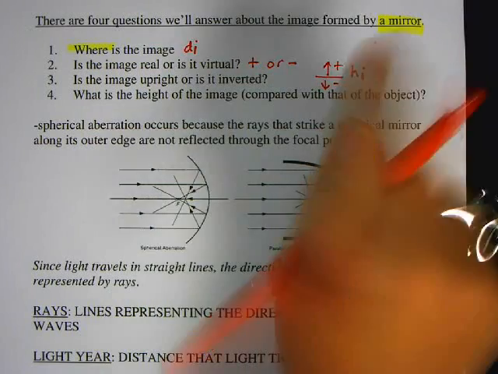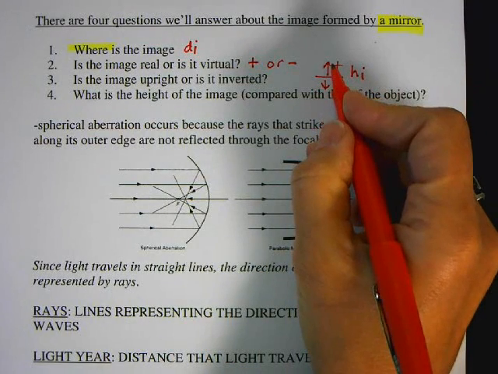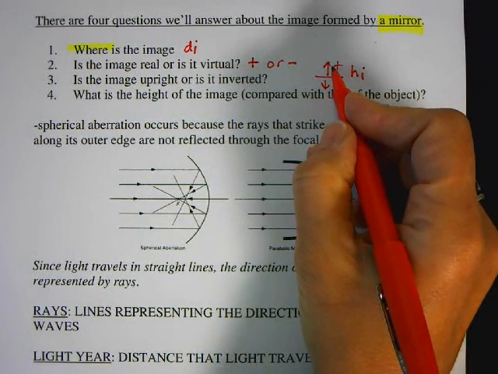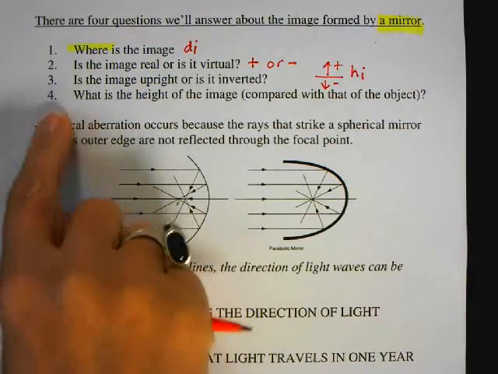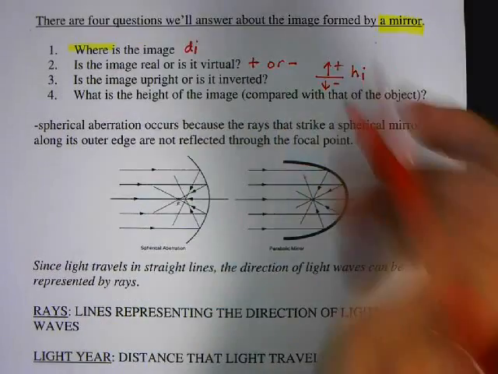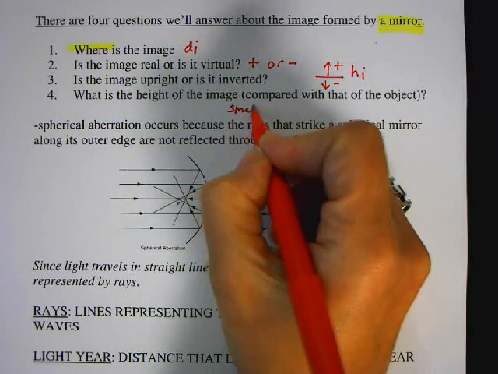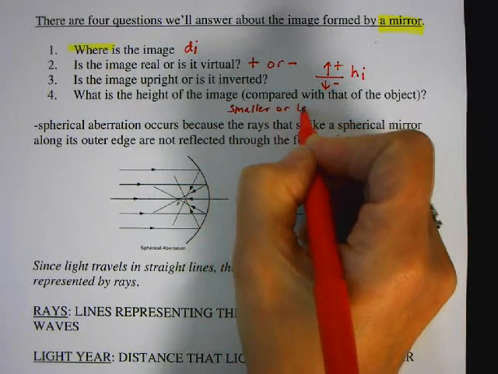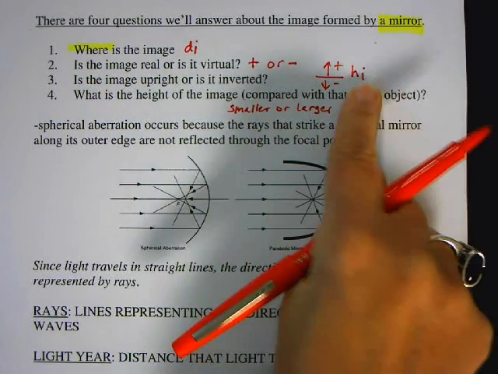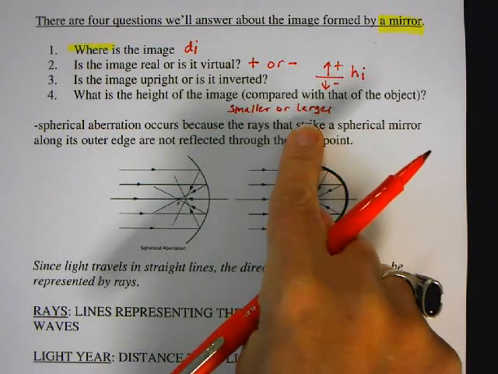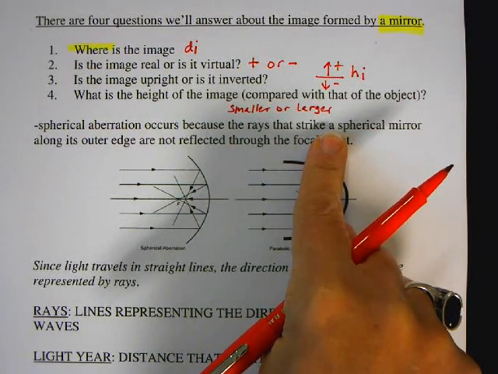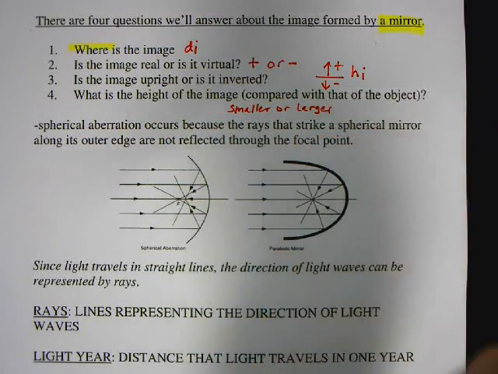When we do our ray diagram, we'll see that if it's above the principal axis, it's upright, and if it's below the principal axis, it's inverted. And then when it asks what is the height of the image, you'll know whether it's smaller or larger. We can do it mathematically when we solve for hi, or when we're doing our ray diagram, we'll see it when it's to scale.